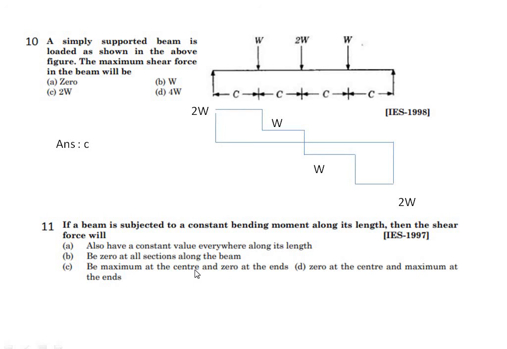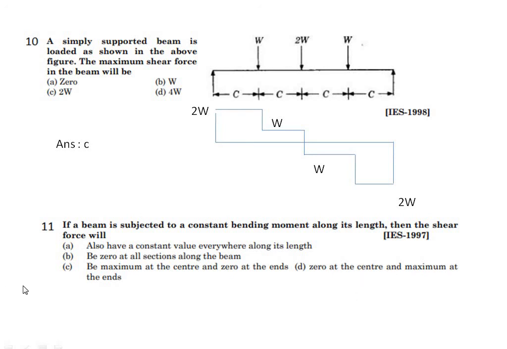If it is a uniformly distributed load, then the bending moment diagram will not be constant. It will be a parabolic curve, that is a quadratic curve. So you can eliminate this answer. The fourth one is 0 at the center and maximum at the ends.